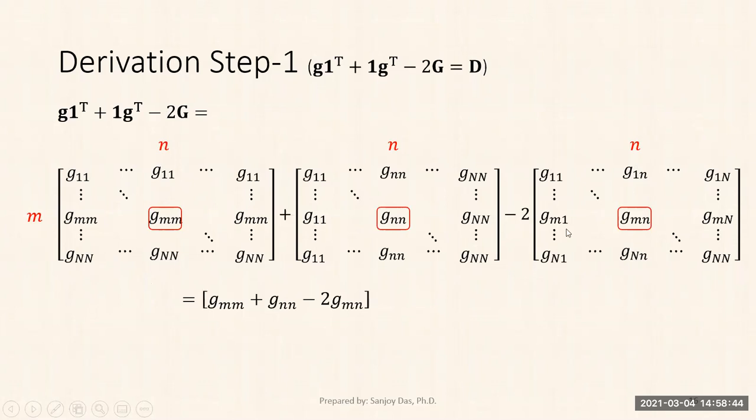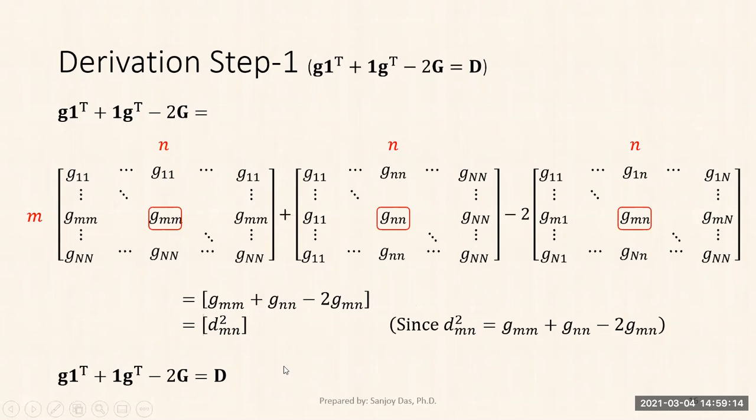So that entry will be Gmm plus Gnn minus twice Gmn, which is equal to Dmn squared, because we've seen this before. So G1 transpose plus 1G transpose minus twice G gives us this D. This is the squared distance matrix. So this is what we just proved.